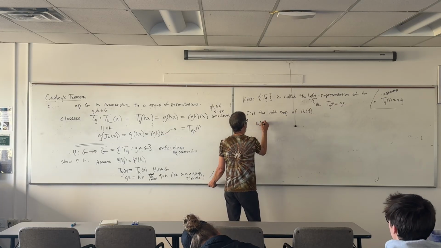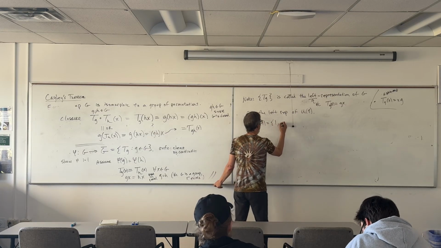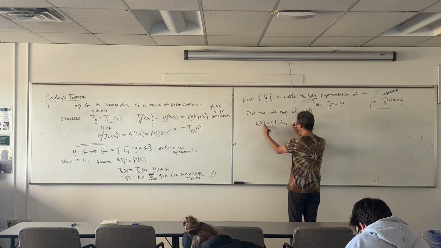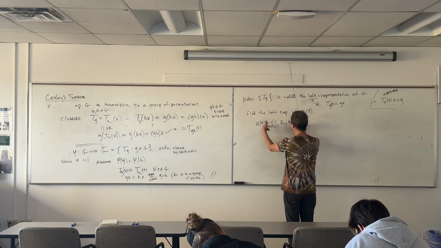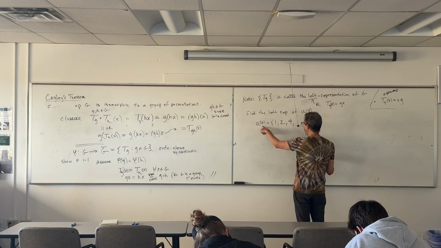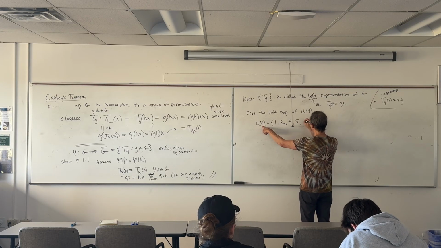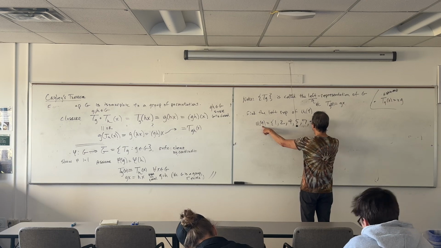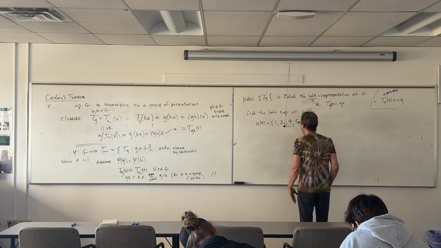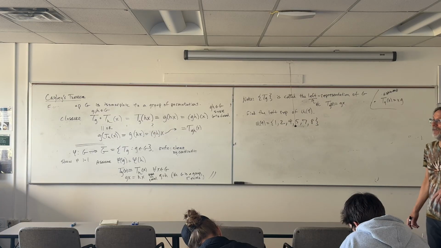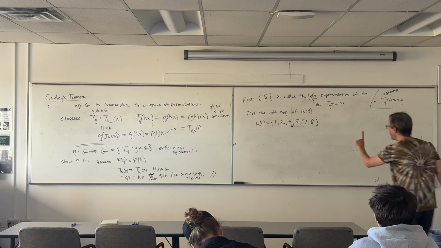So U9 looks like this. 1, that's your identity. 2. 3's not in there because that's not relatively prime. 4 is in there. 5 is in there. 6 isn't in there because that's not relatively prime. 7's in there, and 8 is in there. Why did I pick such a big one? That's why we're not going to do it all.